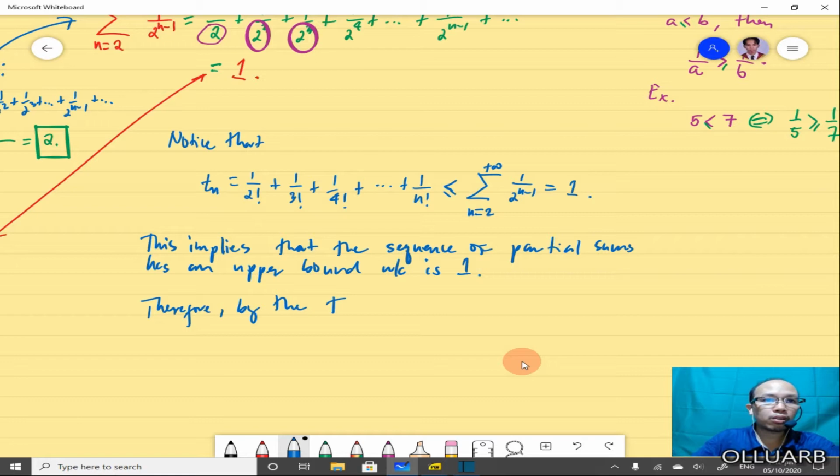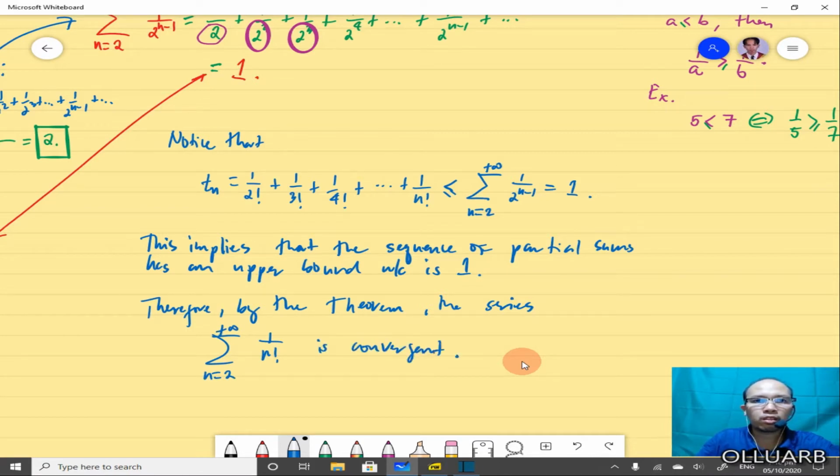Therefore, by the theorem, the series summation of 1 over n factorial, n starts from 2 to positive infinity, is convergent. And using the theorem, later on we will be able to find the sum of this series, maybe later.